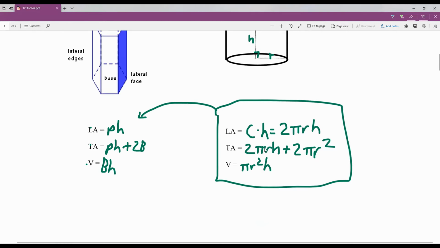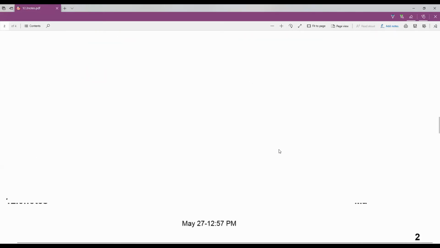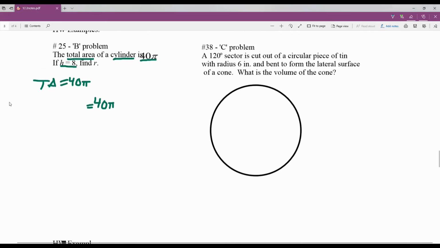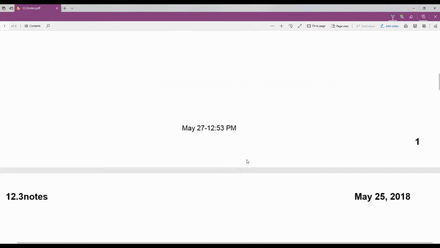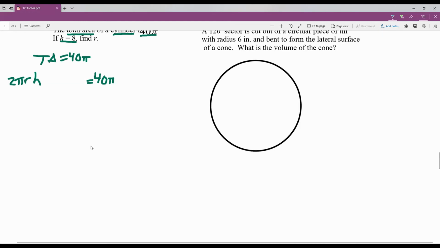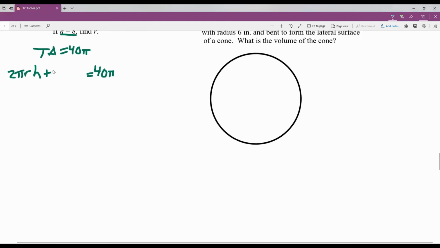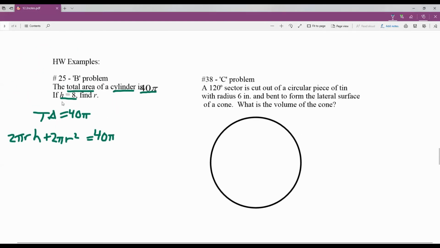Okay, so we have 2 pi r h. I'm going to go down and write that real quick. 2 pi r h plus 2 pi r squared. Okay, but we know h is equal to 8, so I'm going to erase that h there, and I'm going to replace it with an 8.